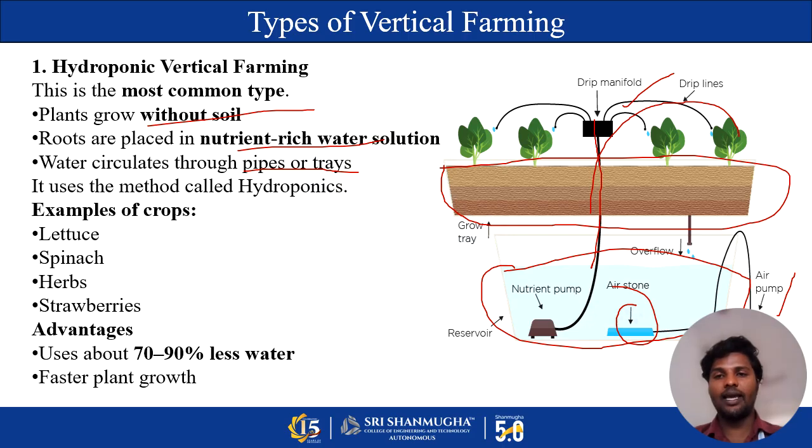Each plant has its own nutrient drip line. The drip manifold is the point where the different narrow channels separate from the main pipe. I hope you understood how it works in a hydroponic vertical farming system. We can move to the next slide.